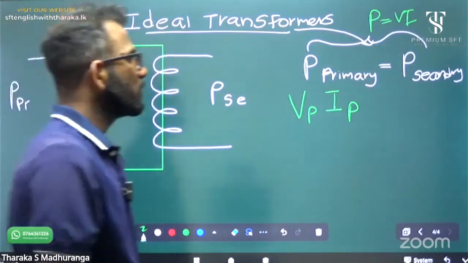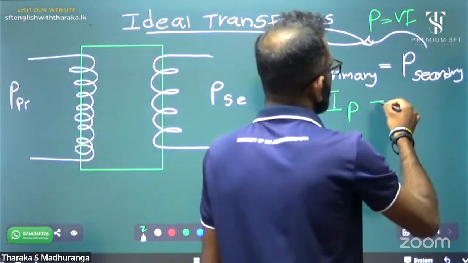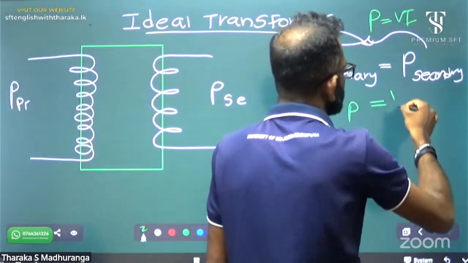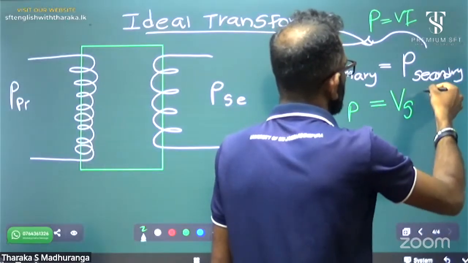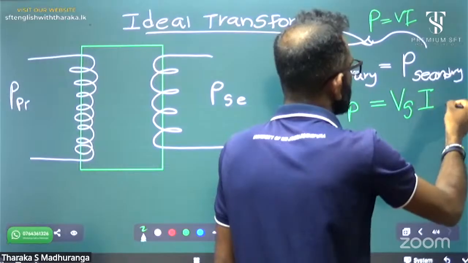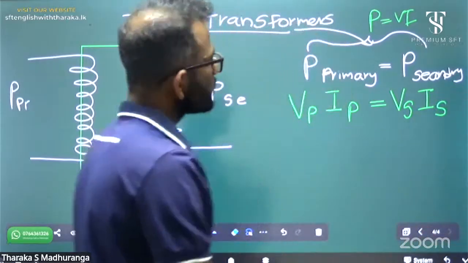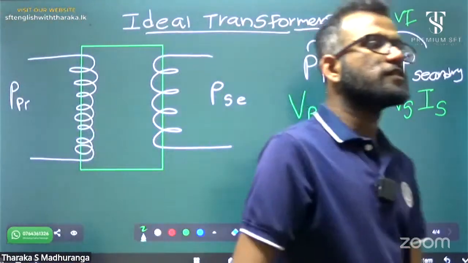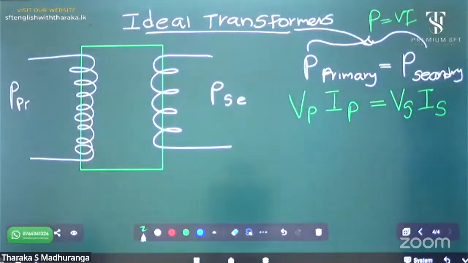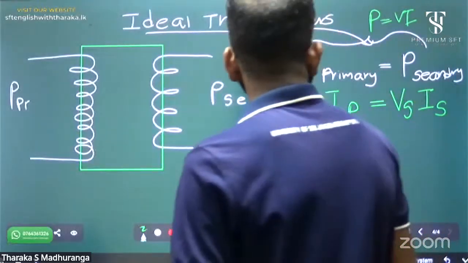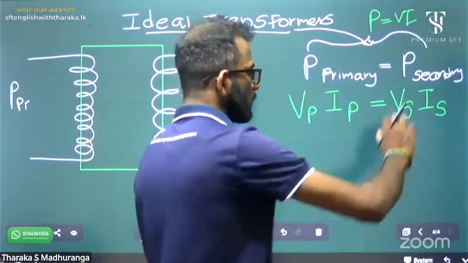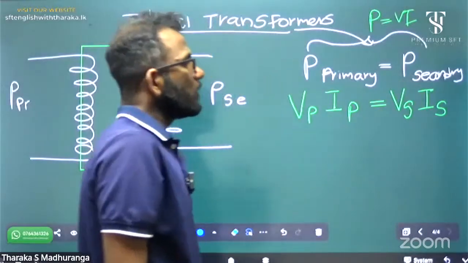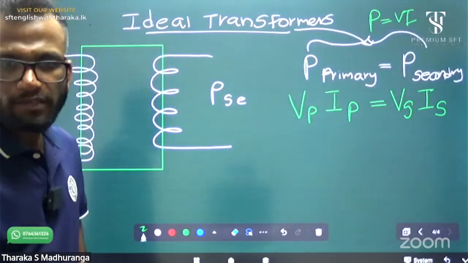And on the opposite side we have secondary voltage and secondary current. Okay, we have a special equation now according to the ideal concept. VP IP equals VS IS.